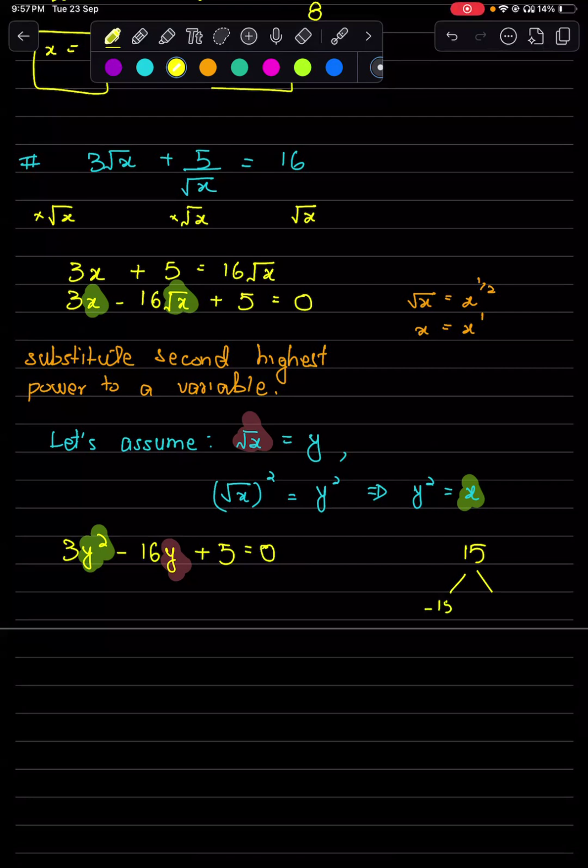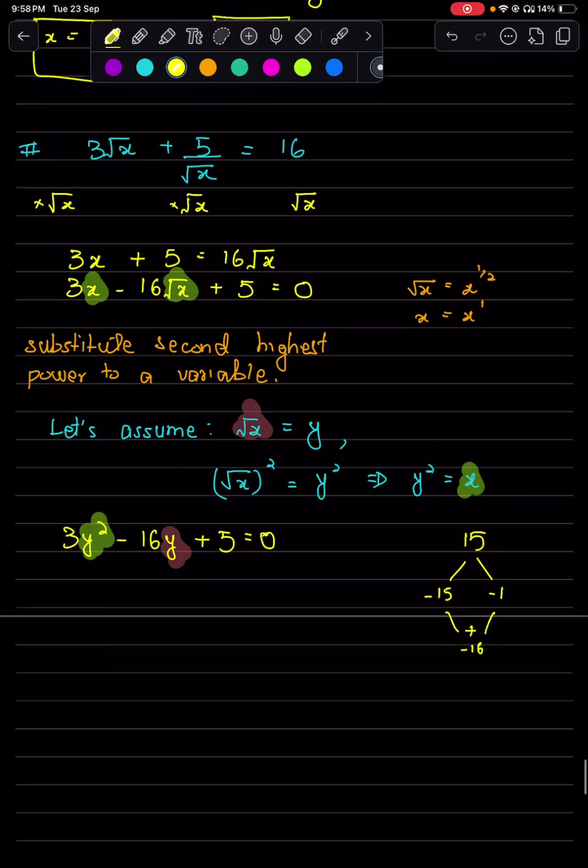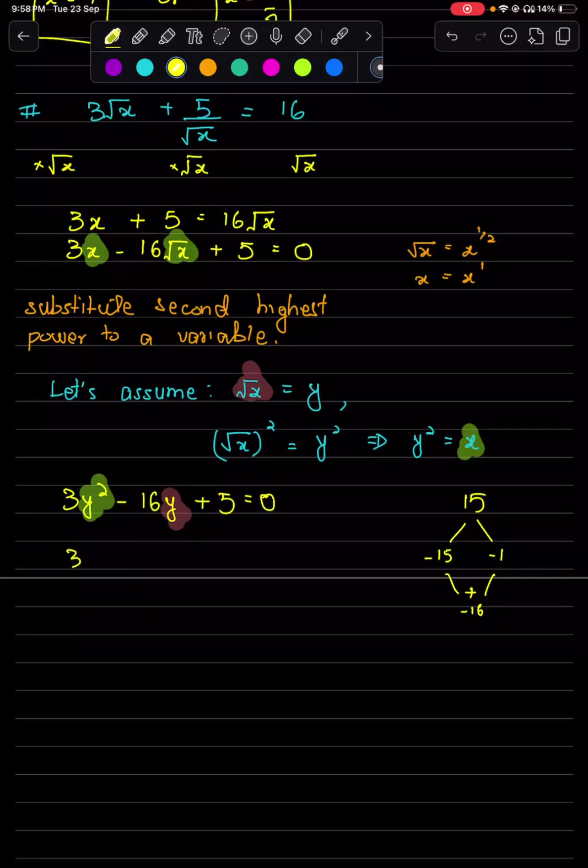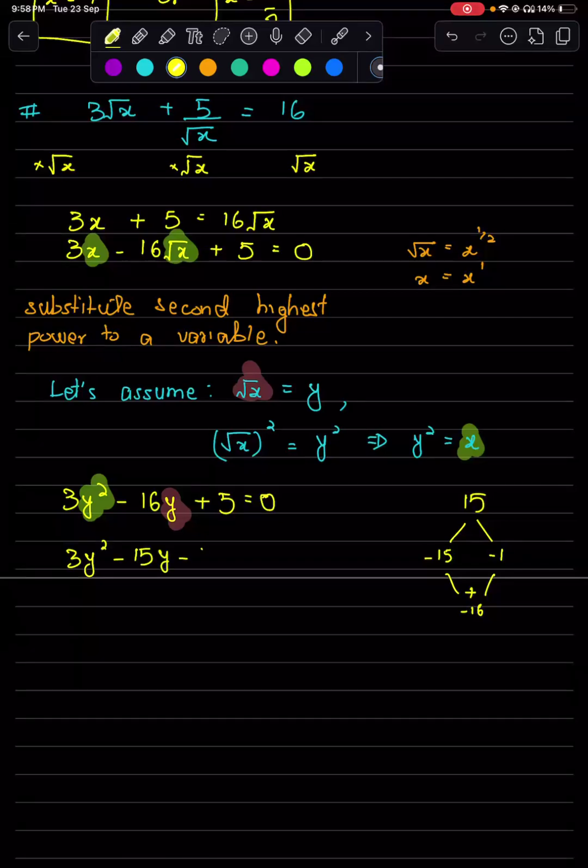Minus 15 and minus 1. Okay? I need minus 16 on addition. When you add them, this is minus 16, right? So I can say that 3y squared minus 15y minus y plus 5 is equal to 0.